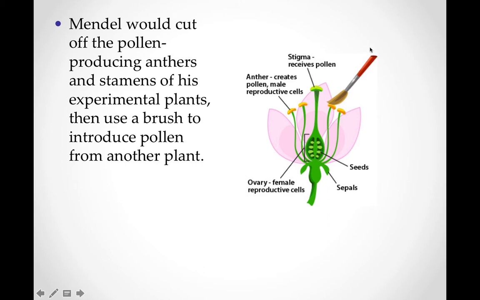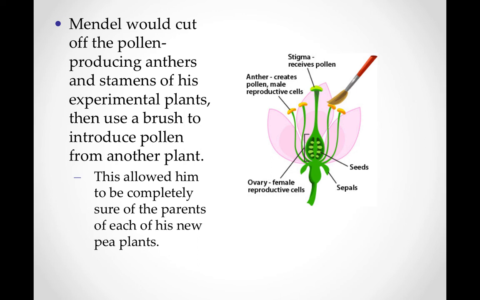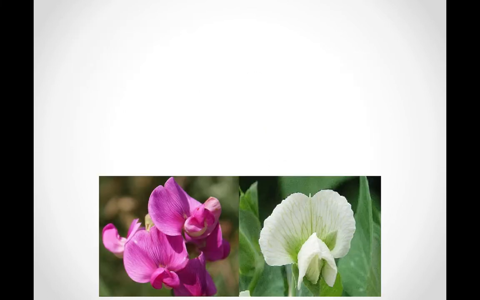Therefore, the reproduction was a cross-pollination, not a self-pollination, if you remember those terms. This allowed him to be completely sure of the parents of each of the new pea plants. It's a very, very controlled experiment.